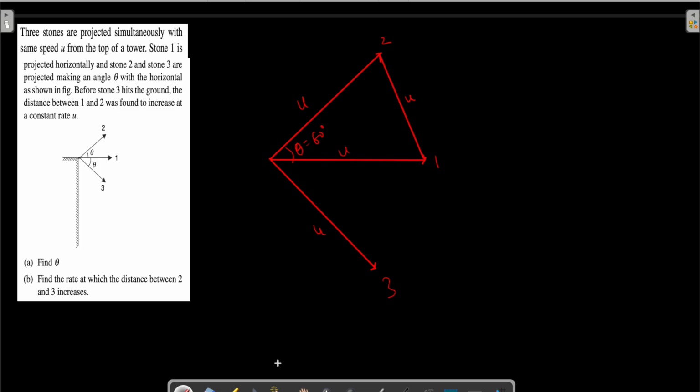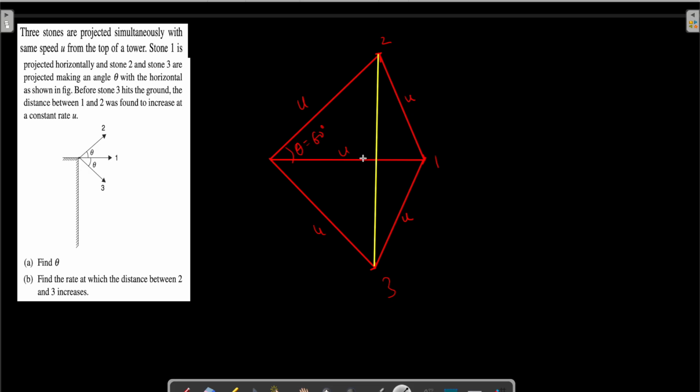Now we are required to find the rate at which the distance between 2 and 3 increases. This is u, and this is also u. This must be u only. Now let's find this yellow thing because this is our answer in this vector triangle.